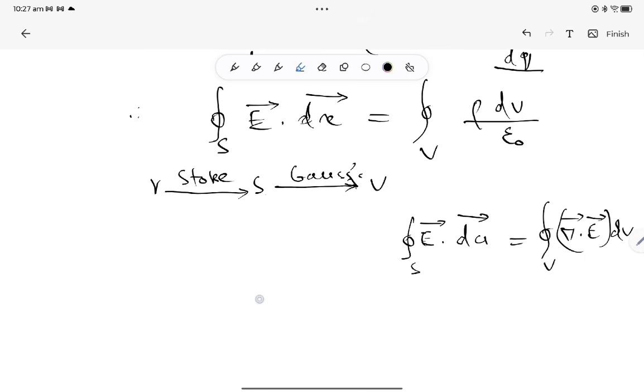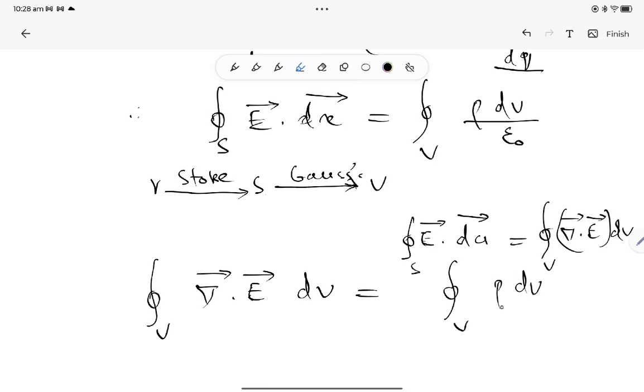Now, applying this to the left side of this equation, we get the volume integral of del dot E dV is equal to the volume integral of rho dV by epsilon naught.